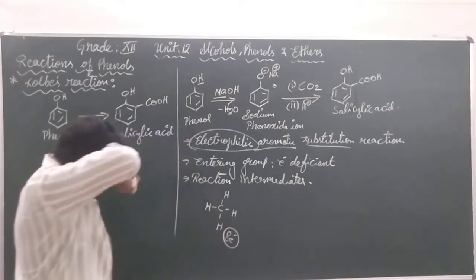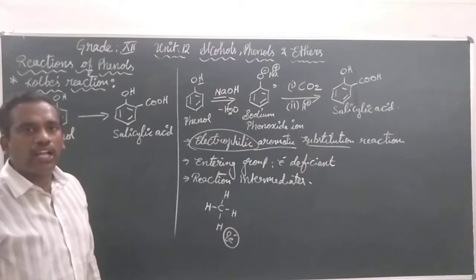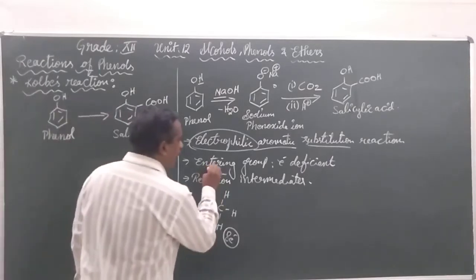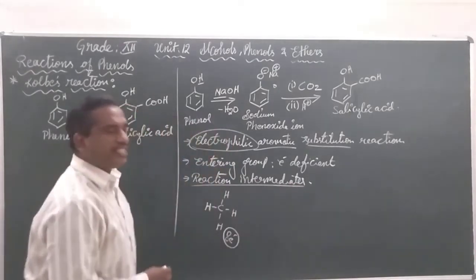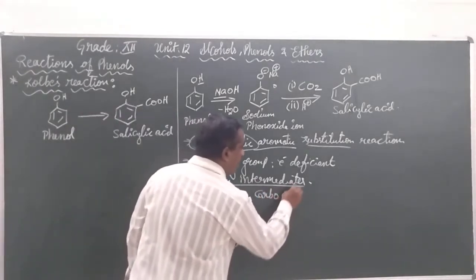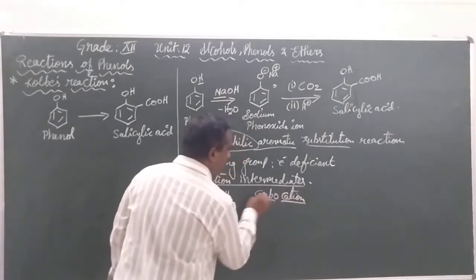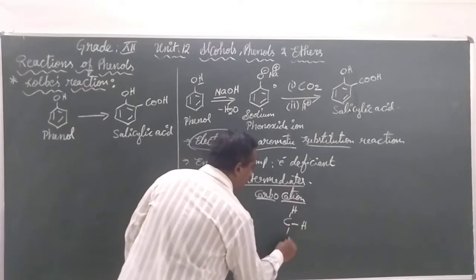So we say it is a stable octet configuration for the carbon. But among the reaction intermediates, we have discussed the carbocation. What is a carbocation? It is the one in which carbon bears a positive charge.